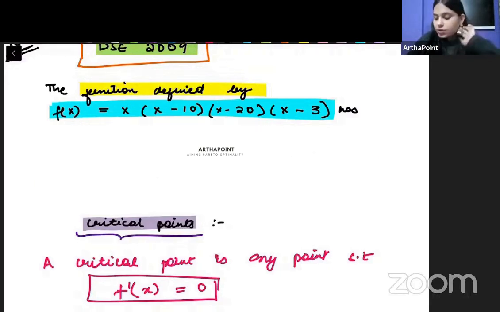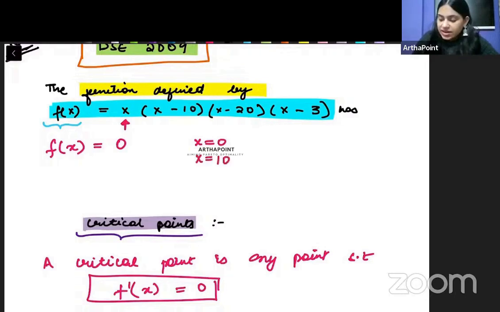Tell me something. शुरू से देखो बेटा, if I just evaluate this function, we can identify that this function takes the value 0 when x is 0. अगर x 0 होगा तो function की value 0 हो जाएगी. This function also takes the value 0 when x is 10, and when x is 20, and even when x is 30.